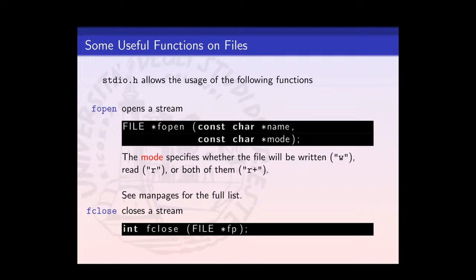The first parameter specifies the name of the file we want to open. So if a program wants to open a file in the current directory named people.txt, we may pass as parameter the string "people.txt". And that's all.